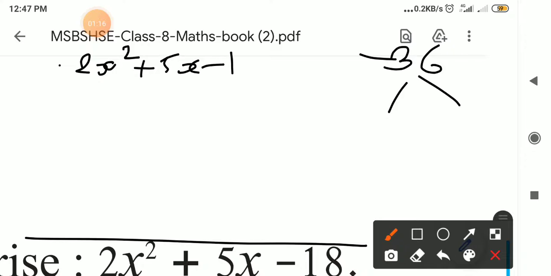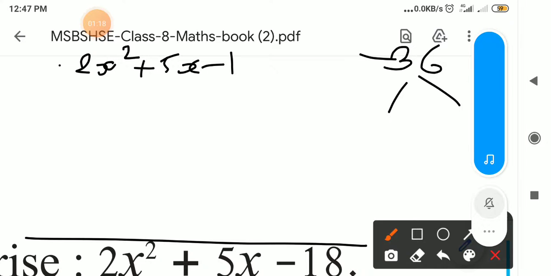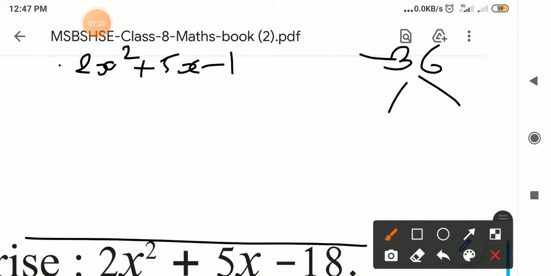Okay. So 36 is present in so many tables, like 12 into 3, then 3 into 12, then 9 into 4 or 4 into 9. This is present, but I have to select the numbers whose addition or subtraction is 5. Or 36 ones are 36, that is also one of the factors.